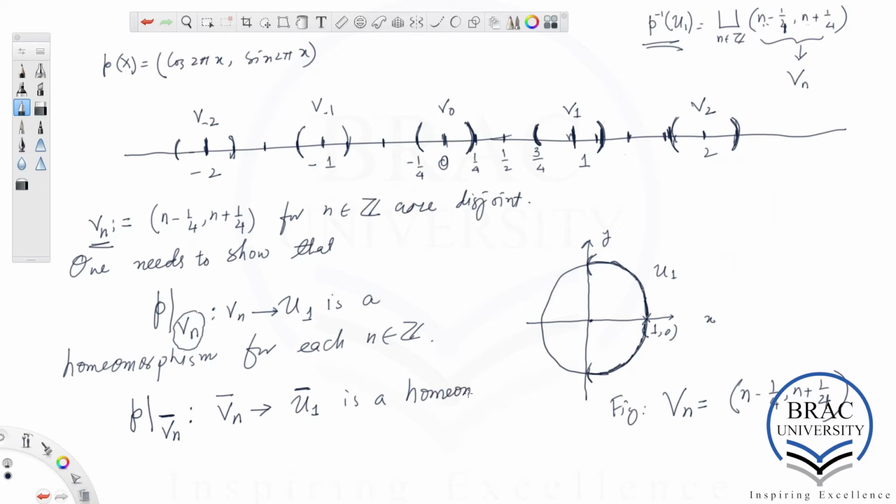This is something that we need to show first, where this bar stands for closure.